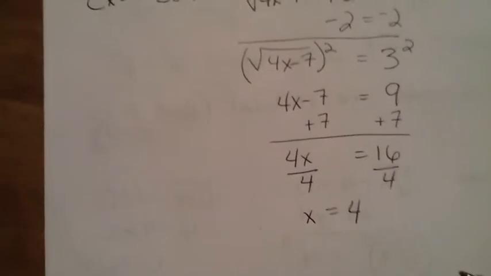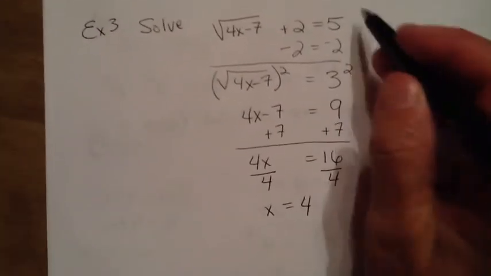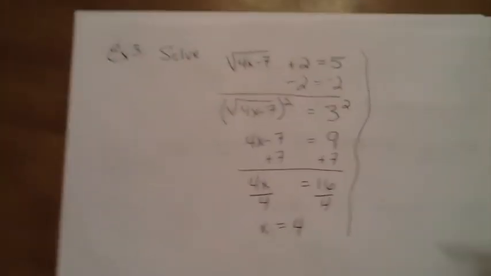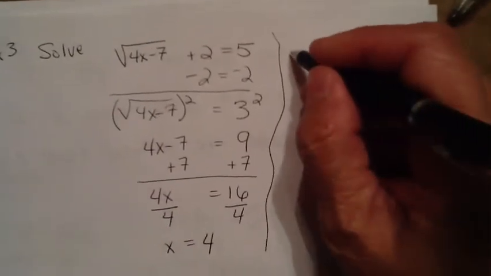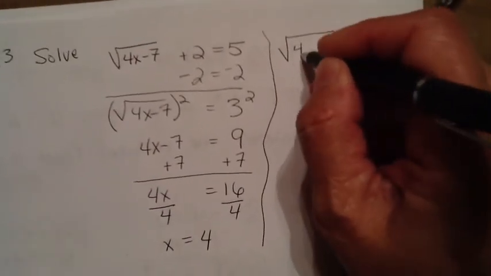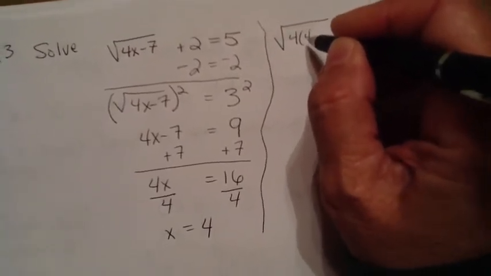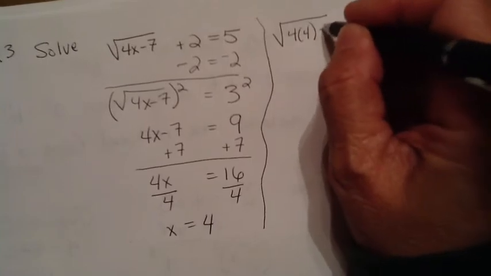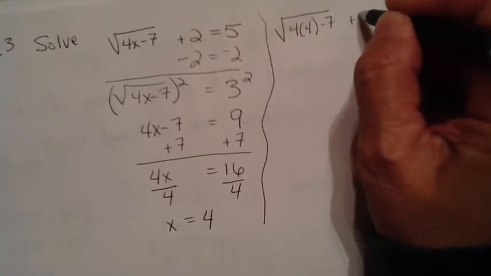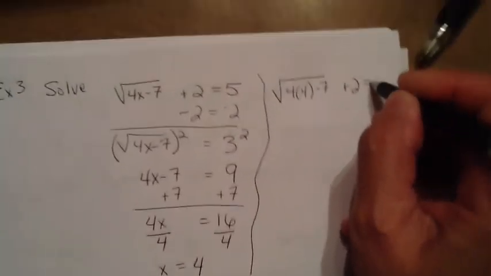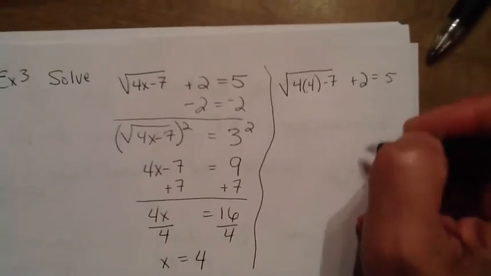Now I have to check to see if this works. Okay? So let's do the check over here. I'm going to take 4 times 4, and I'm going to subtract 7, then add 2 and see if it equals 5.